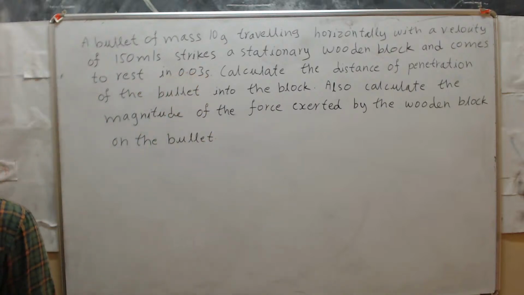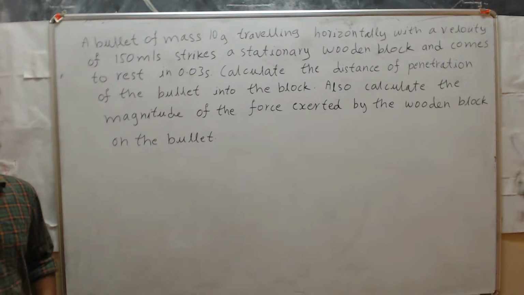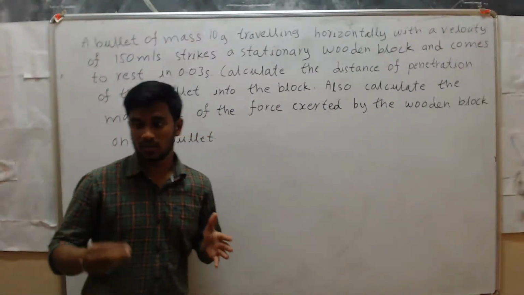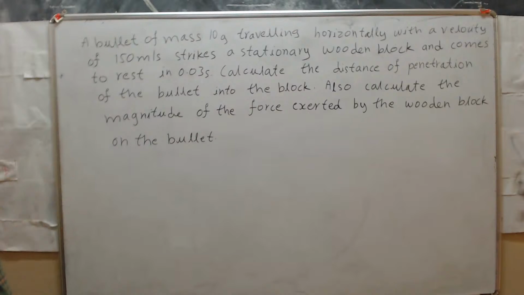Okay, so initially it is moving with 150 meter per second. It comes to rest after 0.03 seconds. Why? Because it strikes the wooden block, right? So that bullet will face some opposition, correct?